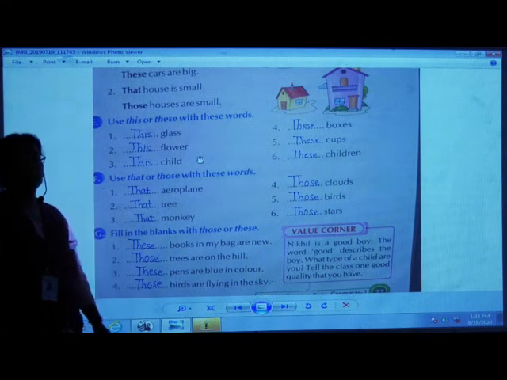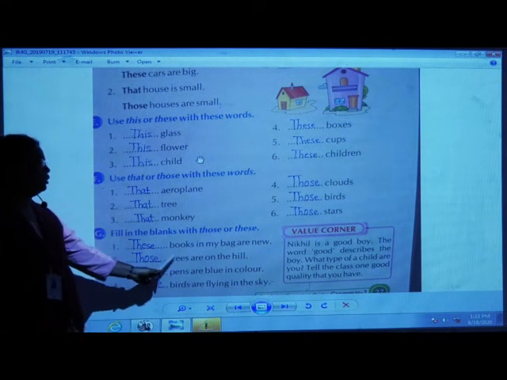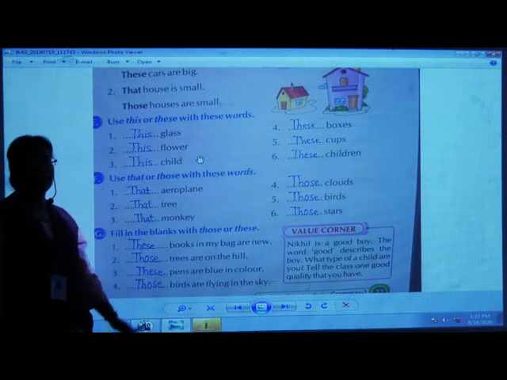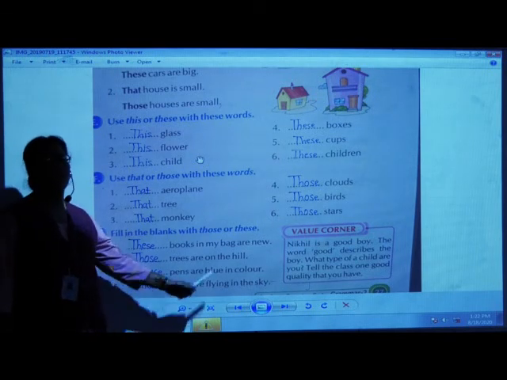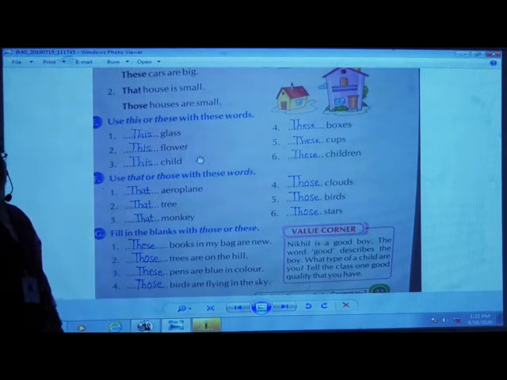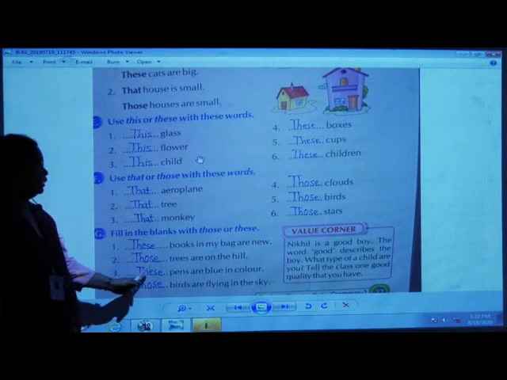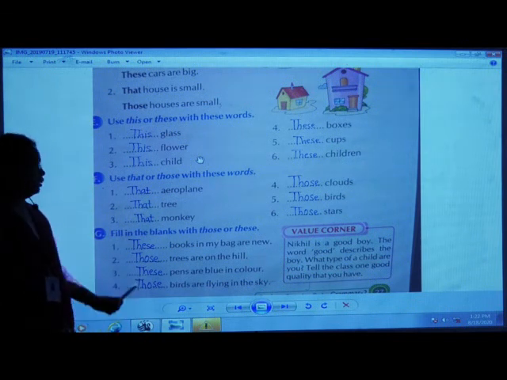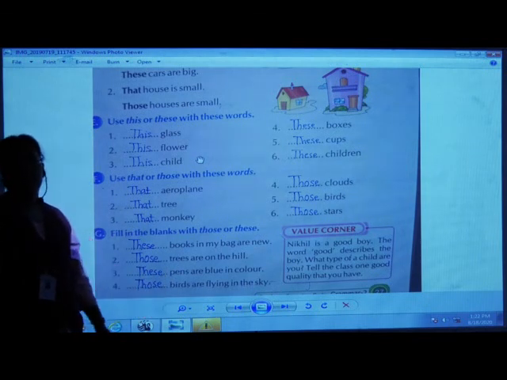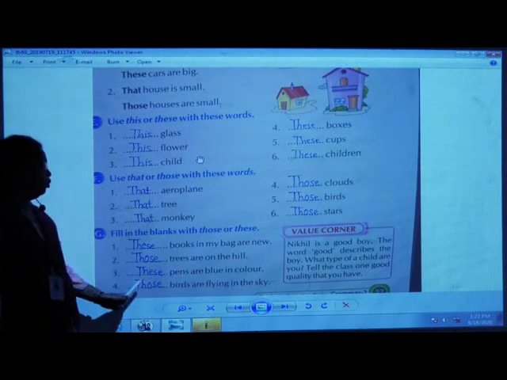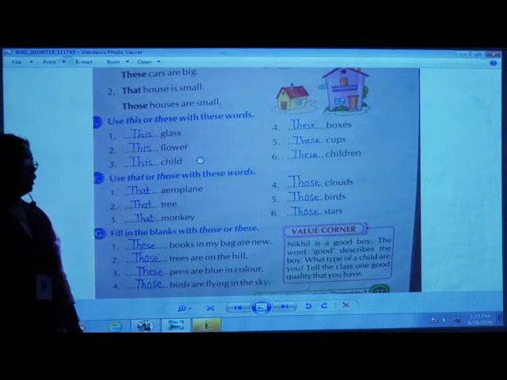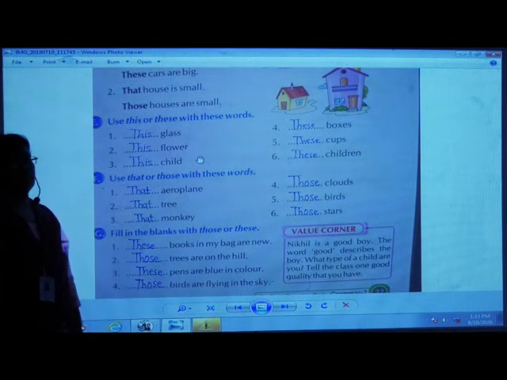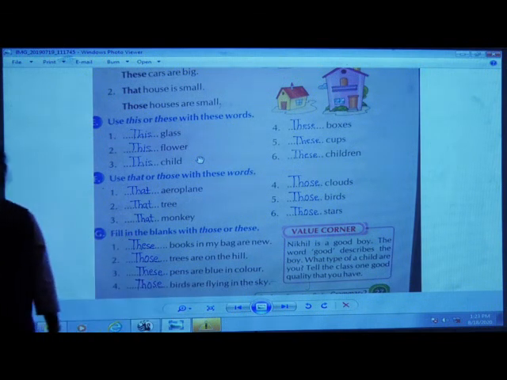Then these pens are blue in color. Then those birds are flying in the sky. Write down first.